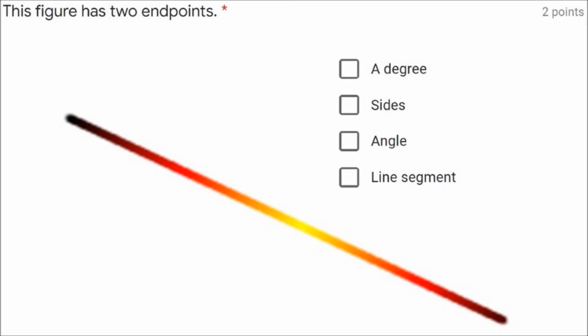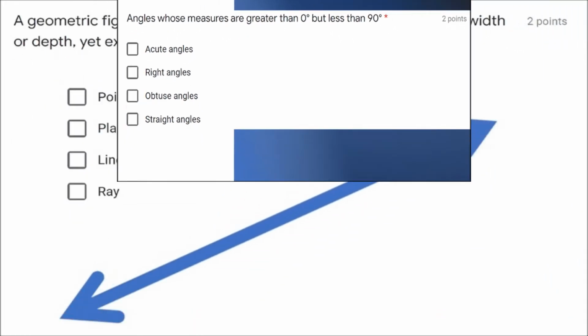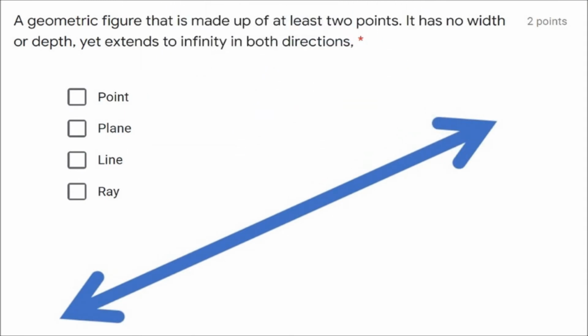This figure has two endpoints. Angles whose measures are greater than 0 degrees but less than 90 degrees. A geometric figure that is made up of at least 2 points.